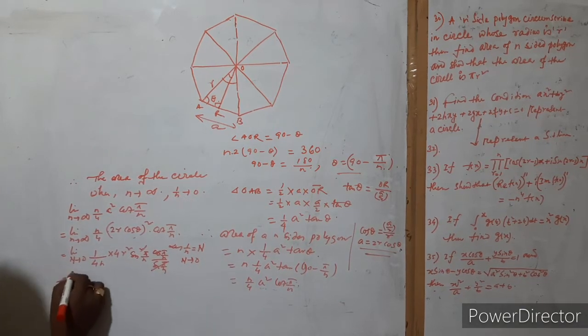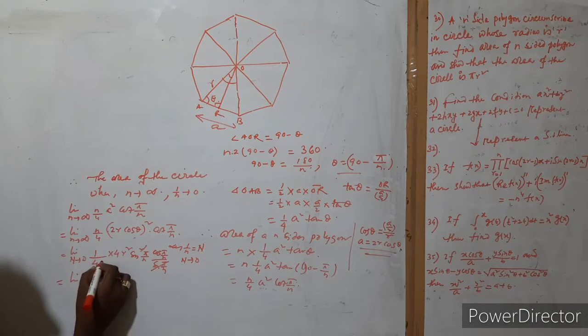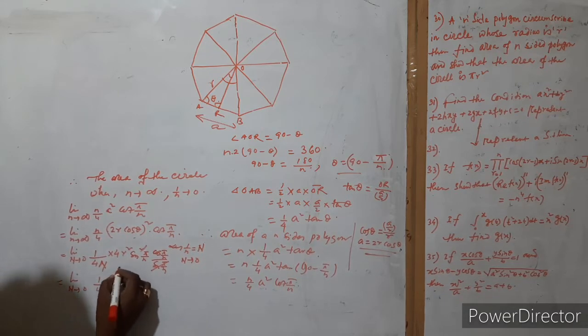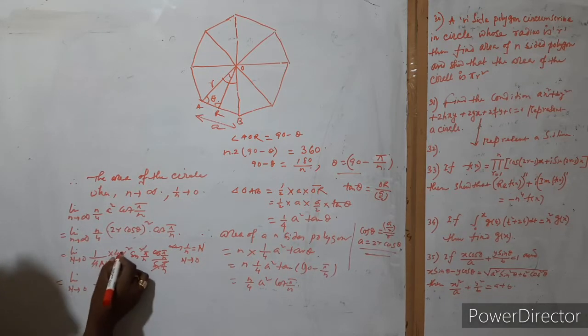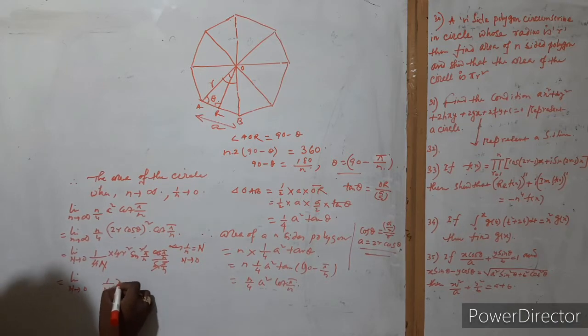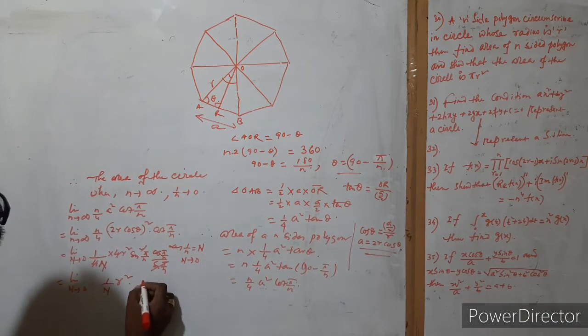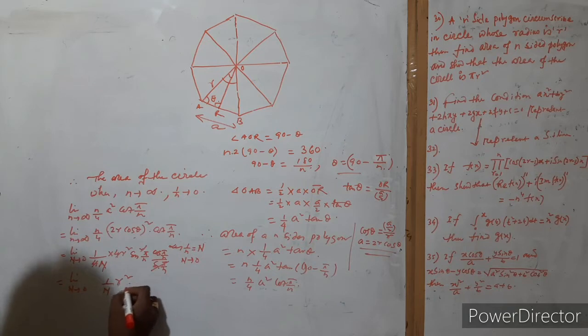These are cancelled. Limit N tends to 0, 1 by 4N and 4 are cancelled. So 1 by N, r square.